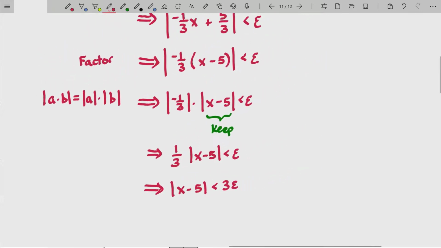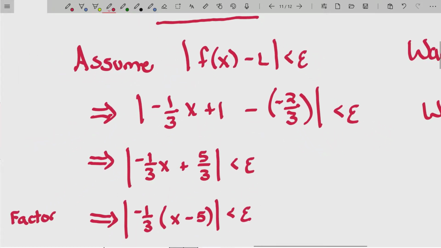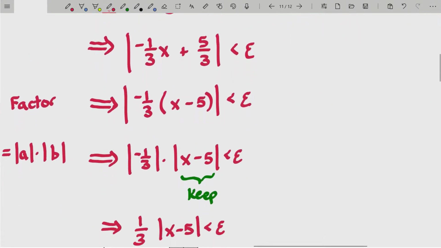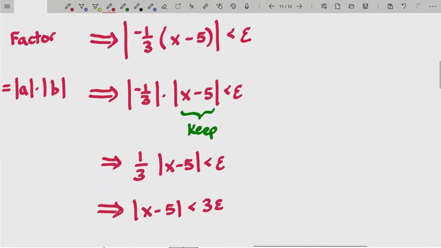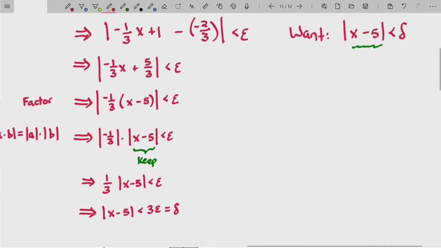So I know that had I arrived at the distance between my function and my limit being less than epsilon, it had to have been done by assuming one thing: that delta is equal to 3 epsilon.